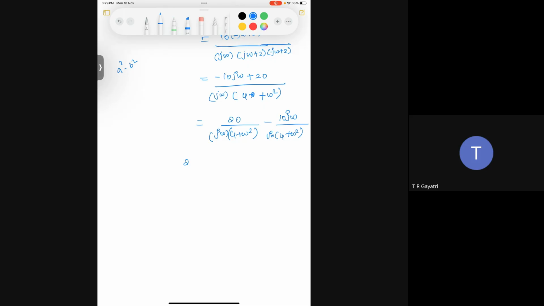So if I want to simplify this, this will become 20 by j omega, which is minus j 20 by omega. The second term, 10 omega by j omega, becomes minus j into 10.